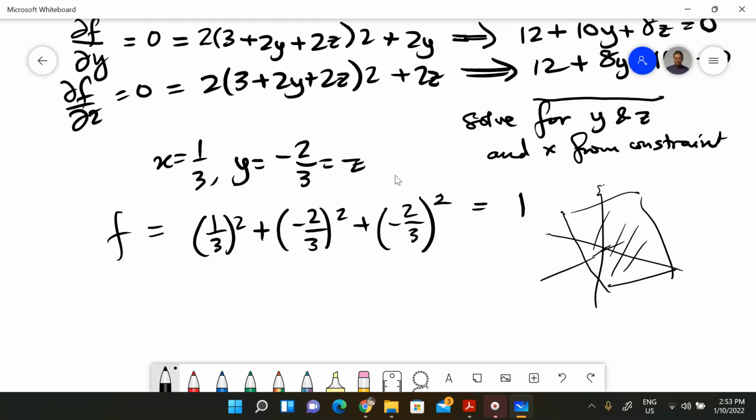So in other words, from geometry, this is actually the minimum.